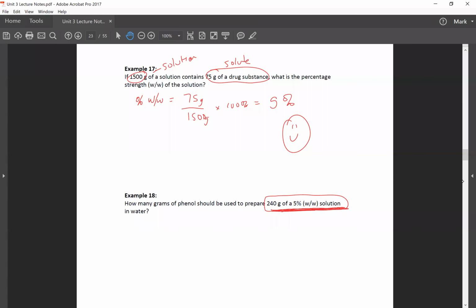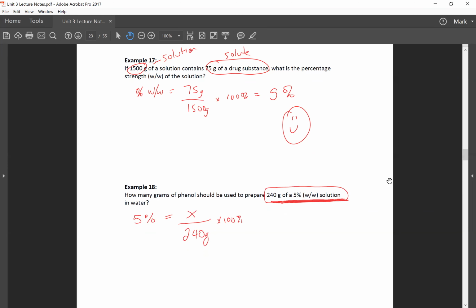We already know the mass of the solution. So I see somebody in the chat is writing and is probably with the answer. I hope, maybe not. But 5% is going to equal the mass of the phenol over 240 grams. And then, of course, we multiply that by 100%.